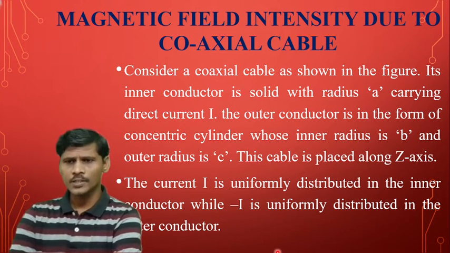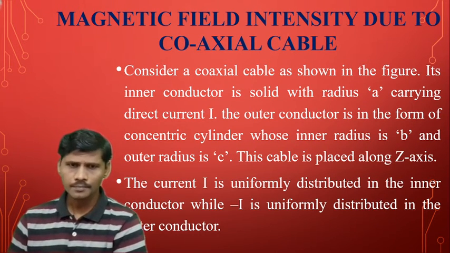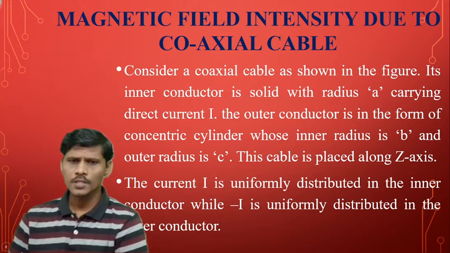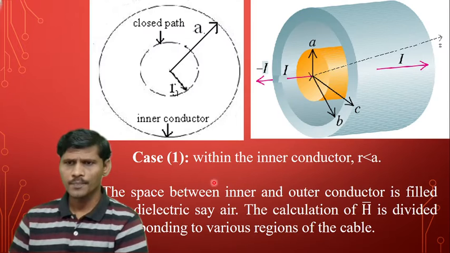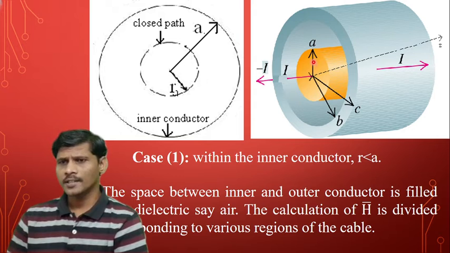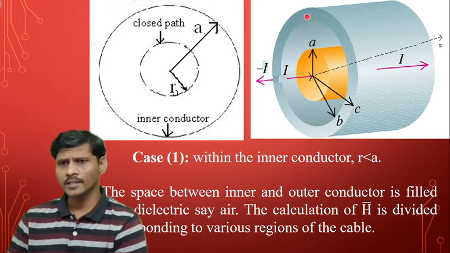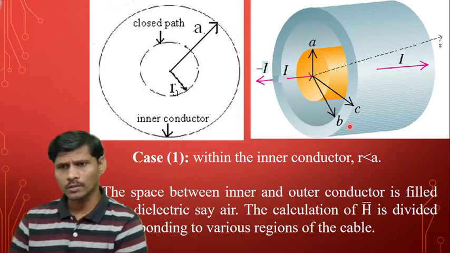The current I is uniformly distributed in the inner conductor while minus I current is uniformly distributed in the outer conductor. So this is the figure of the coaxial cable. The inner conductor radius is a meters and the outer conductor is arranged in the form of two concentric cylinders.